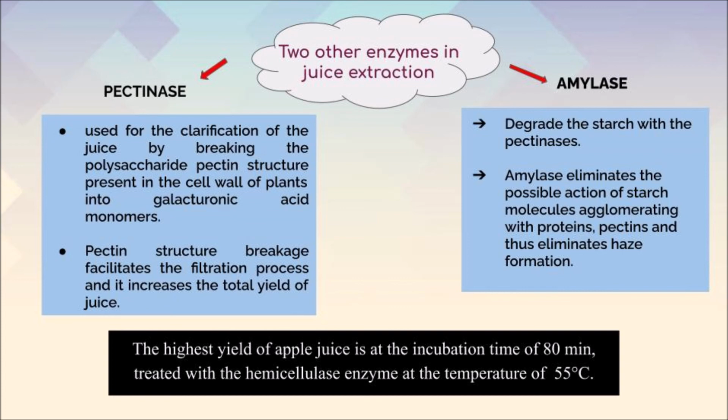The pectin structure breakage facilitates the filtration process, and it increases the total yield of juice, while the amylase's role is to degrade the starch together with the pectinase. It also eliminates the possible action of starch molecules agglomerating with proteins and pectins, and thus eliminates haze formation and the possible formation of cloudy juice.